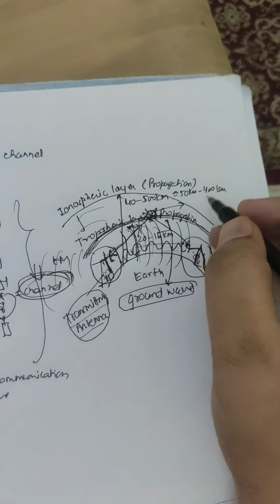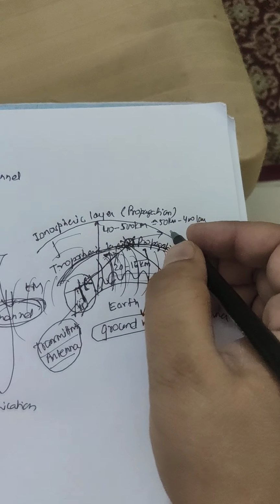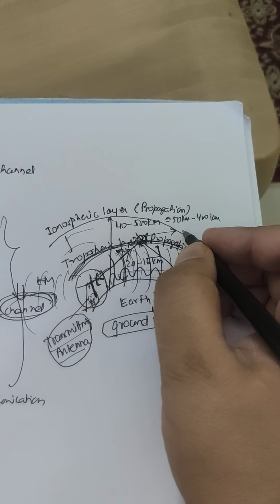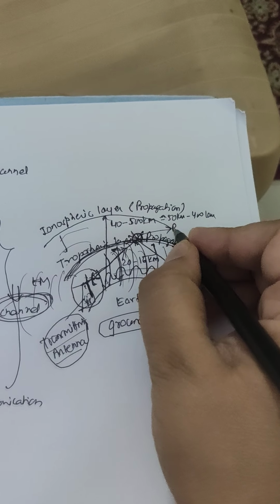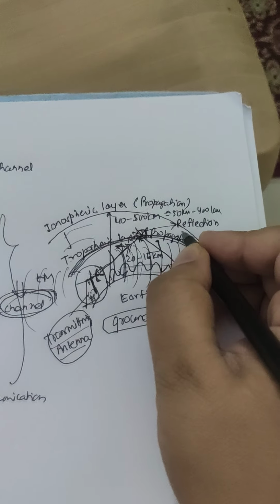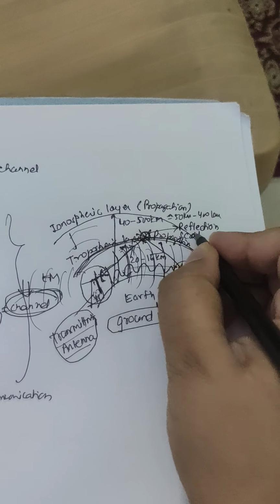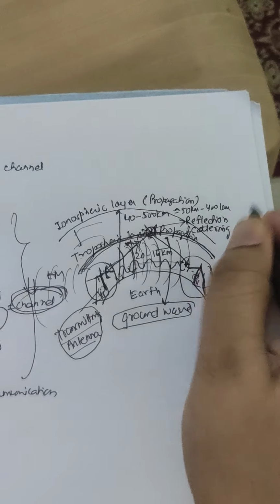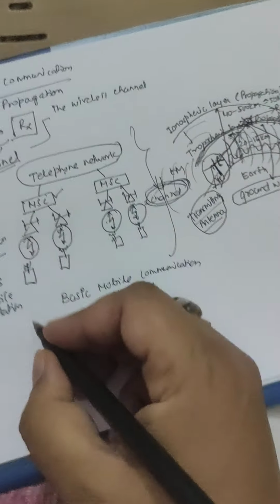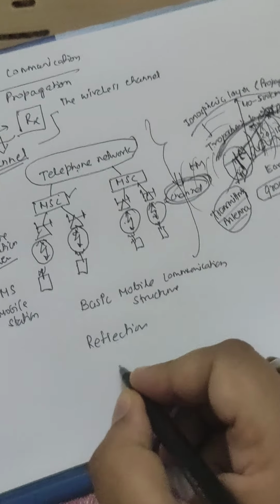This is due to what? There are certain phenomena which occur, that is known as reflection. Another phenomenon which happens here is called scattering. So what do you mean by reflection?